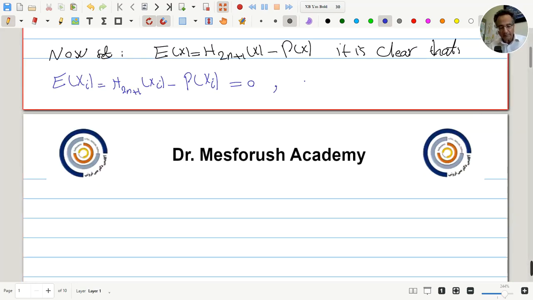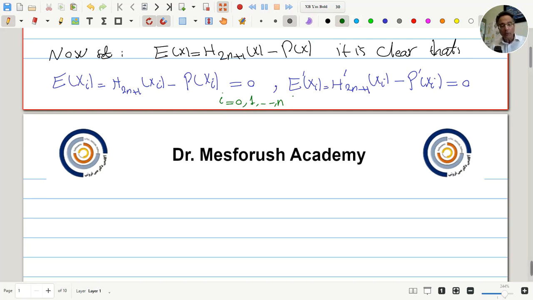Okay, and also if we consider e'(x_i), this is equal to H'_{2n+1}(x_i) minus p'(x_i), and also by our assumption and by the property of H_{2n+1}, these two items are equal to f'(x_i), and this is also equal to 0, and these two relations are correct for i equal to 0, 1 to n.